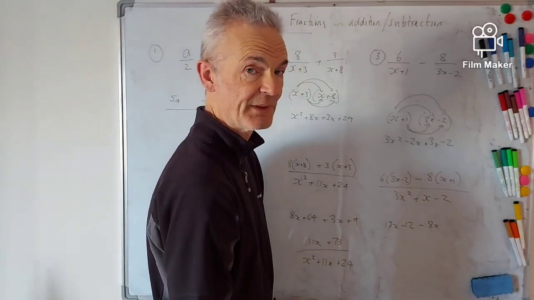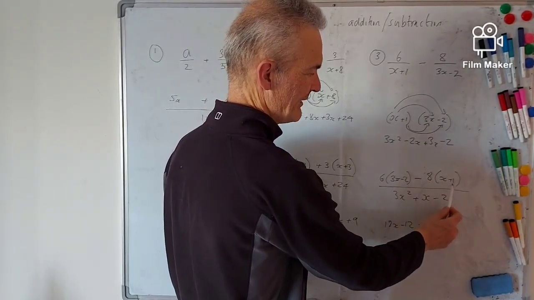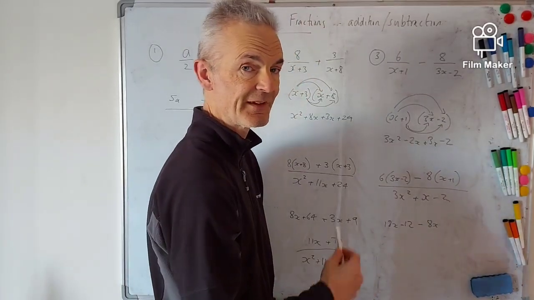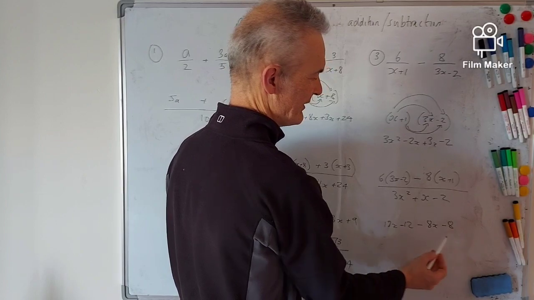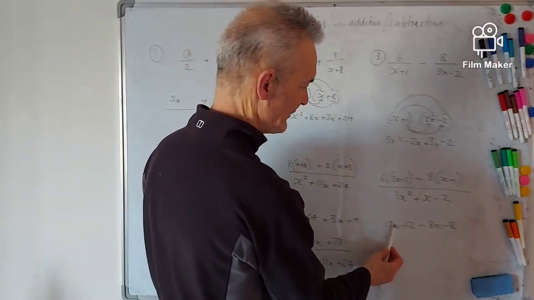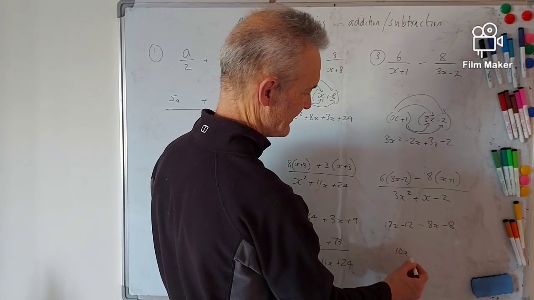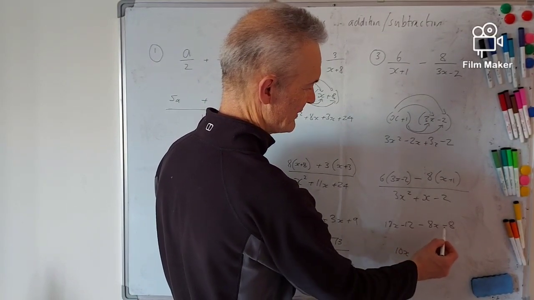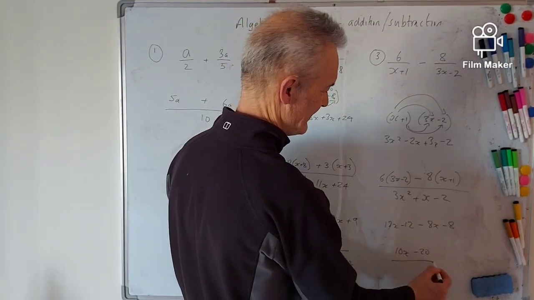Now this is where we've got to be careful because we've got a minus here. We're doing minus 8 times plus 1, so that's minus 8. Even though we've got a plus sign in there, got to watch it that we get this sign right. Okay, so we've got 18x, take 8x is 10x, and minus 12 minus 8 is minus 20, and underneath we've got this.